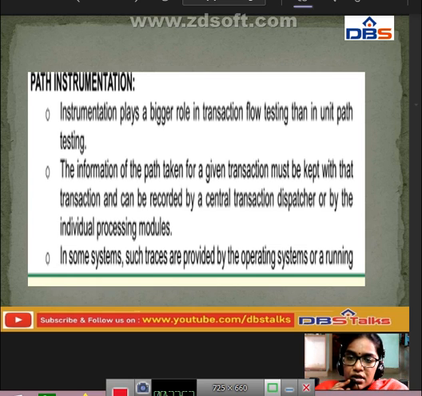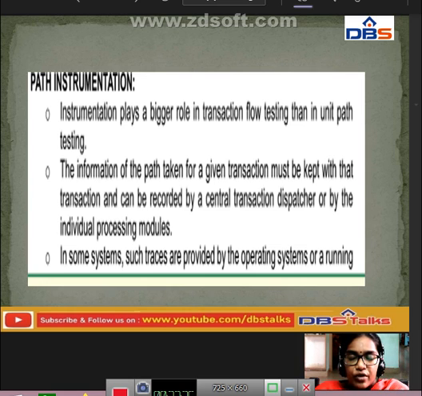Why? Because the information of the path taken for a given transaction must be kept with the transaction, and can be recorded by a central transaction dispatcher or by the individual process modules. Whatever path you are going to take, the information of that particular path should be given for a given transaction.